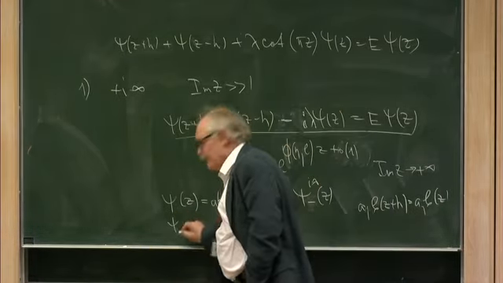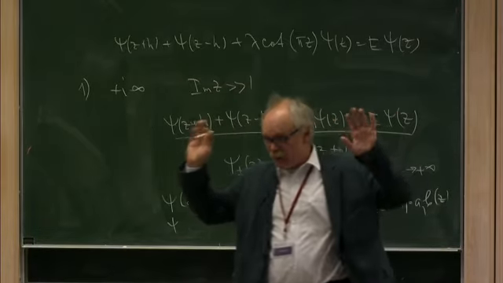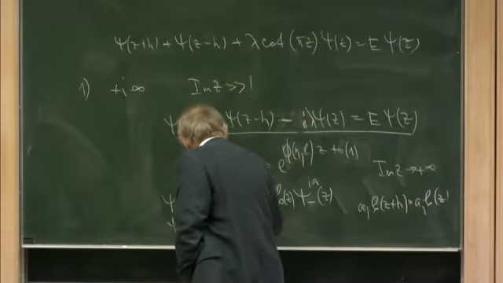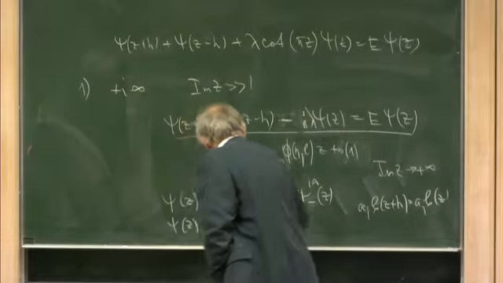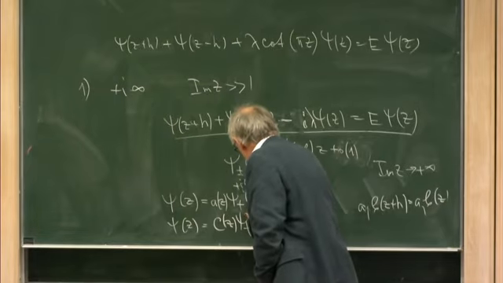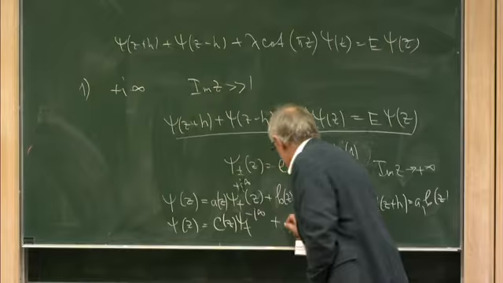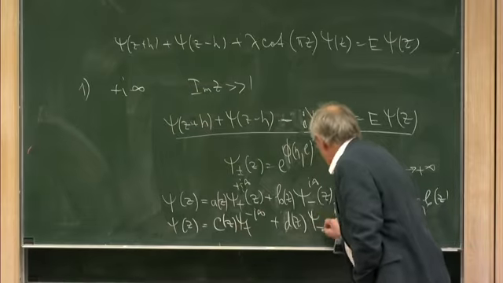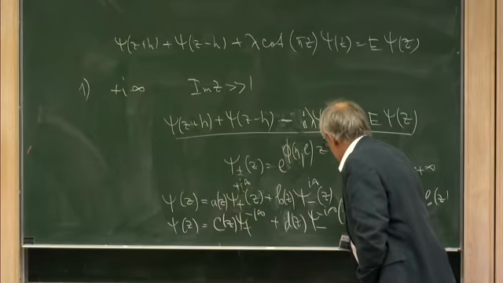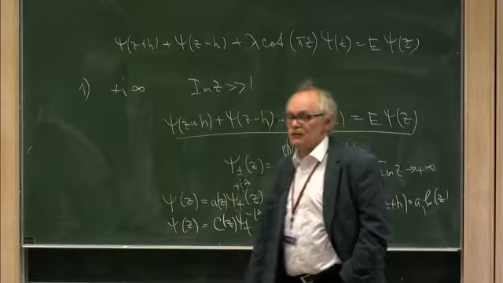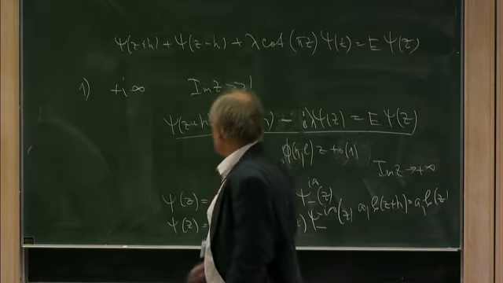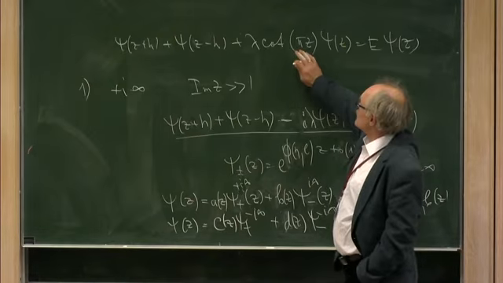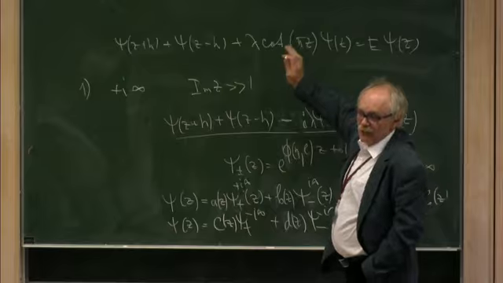You can do the same for a neighborhood of the point minus i infinity, with psi minus i infinity of z, where c and d are also periodic functions. It just follows from the fact that psi is meromorphic. It has poles only on the real line, and that is all.